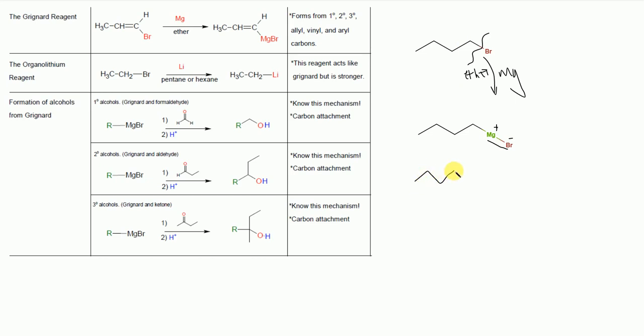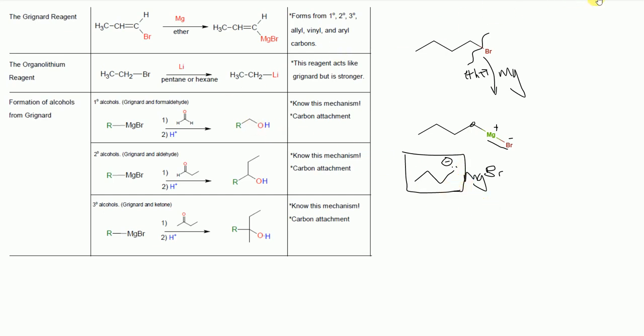So this carbon right here is now essentially a carbon minus. This Mg in ether allows us to form MgBr, but really what it is, it's a carbanion, a carbon with a negative charge on it. And then I just have this MgBr that's here, dissociating the electrons between the bromine and the carbon and really giving them to the carbon. So this is what I'm using to attack here.